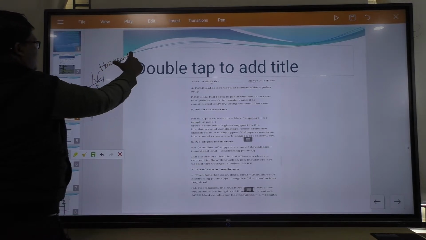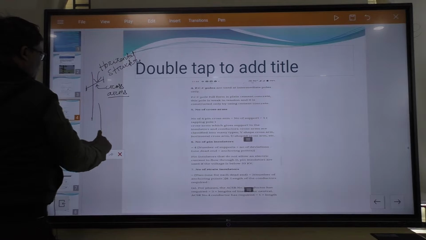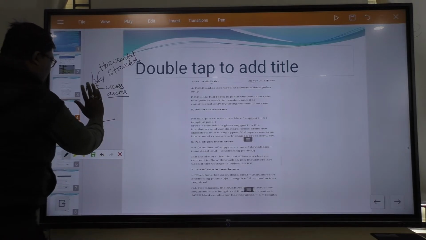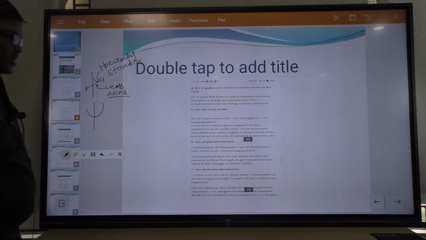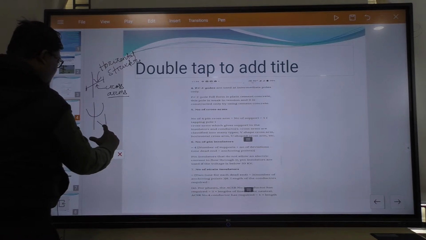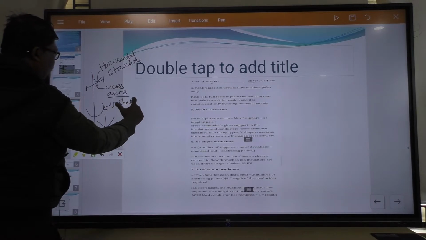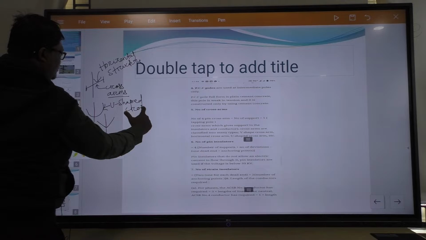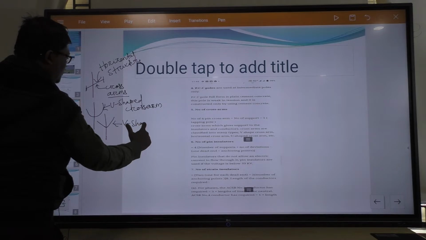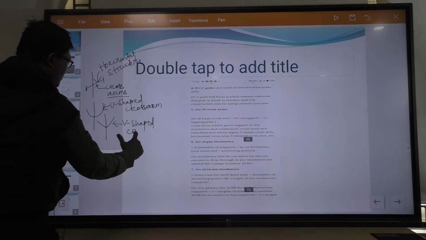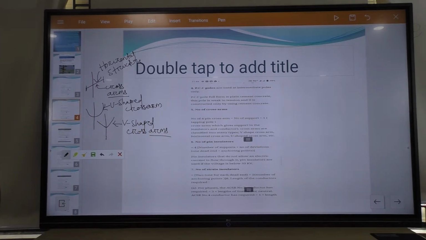Some cross arms are U shaped and some cross arms are V shaped.